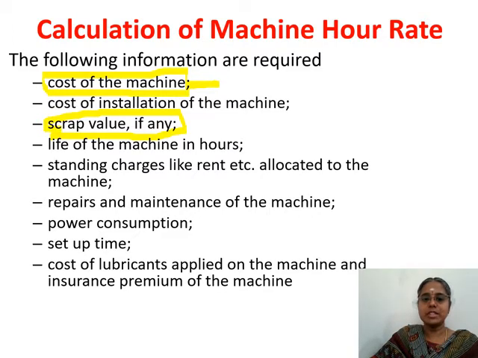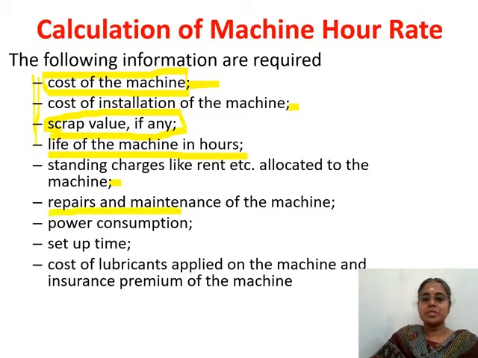Then the cost of installation of the machine is also used for depreciation calculation. Then the life of the machine, the total lifetime of the machine in hours, is also used for depreciation calculation. Then standing charges like rent for that particular machine, which you can apportion.